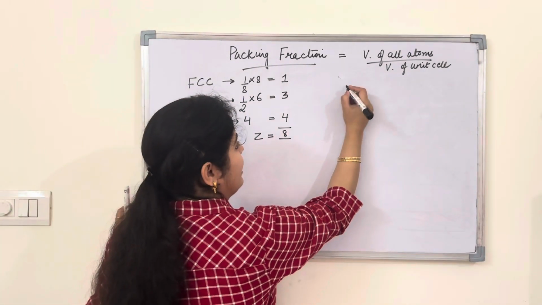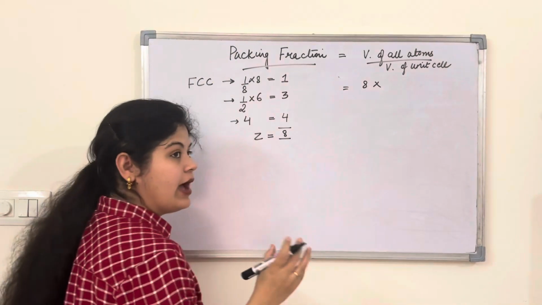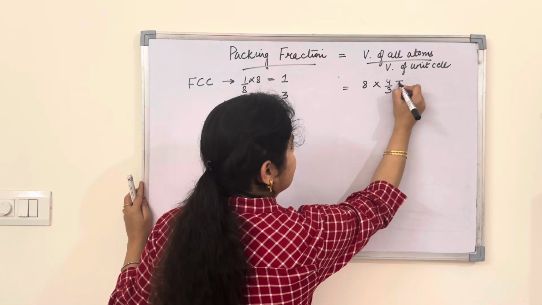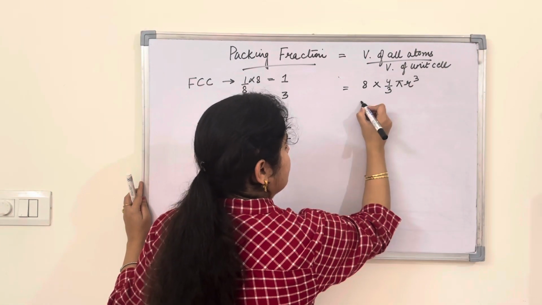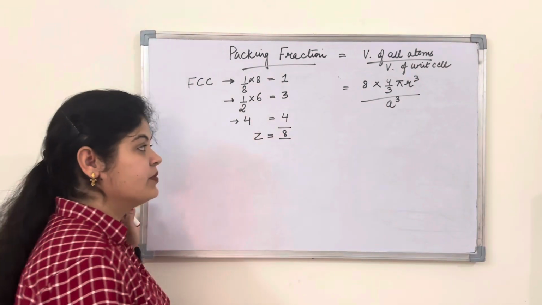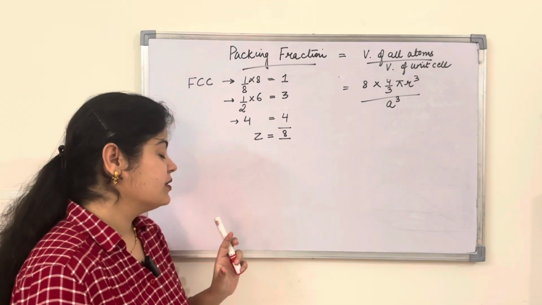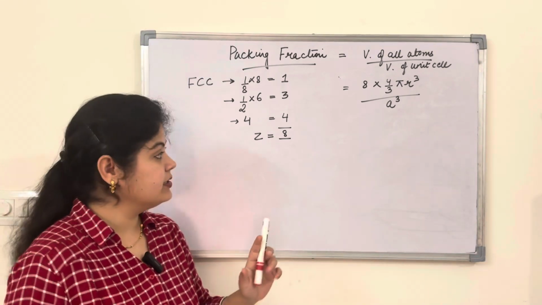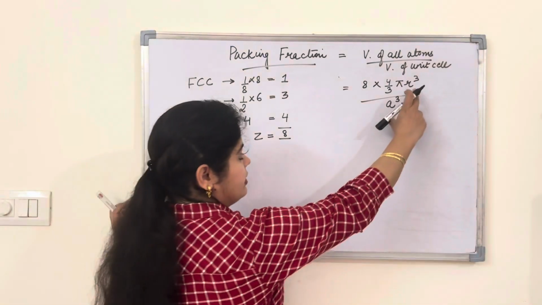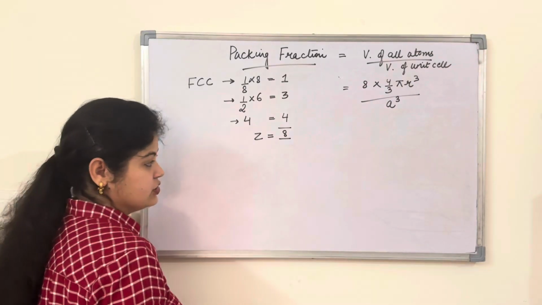So volume of all atoms will be 8 into volume of one atom. Now atom is a sphere, so volume of one atom will be 4 by 3 pi r cube, divided by volume of the unit cell, which is a cube, a cubed, where a is the edge length and r is radius of atom. So now we need a relation between a and r so that we can calculate the packing fraction.